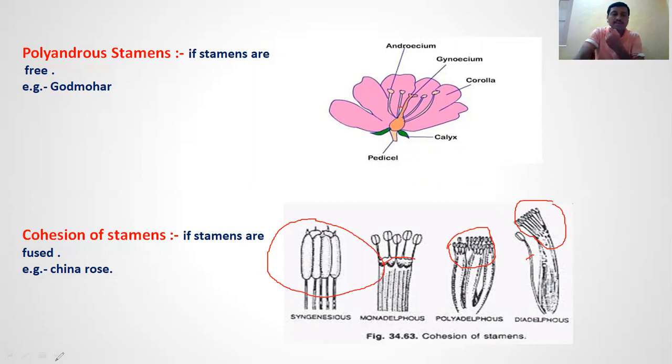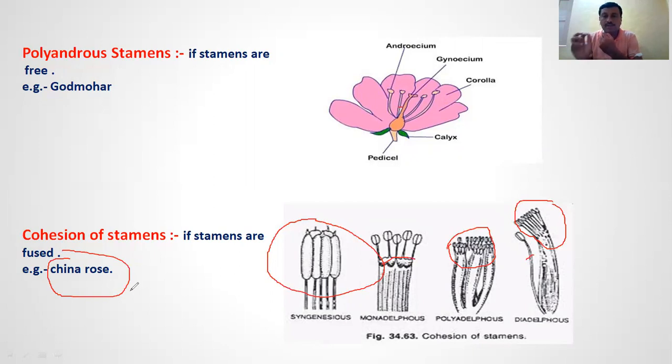Simple examples: China rose, or hibiscus flower, Hibiscus rosa-sinensis. In these flowers, the stamens are united, fused to each other. It is called cohesion of the stamens.